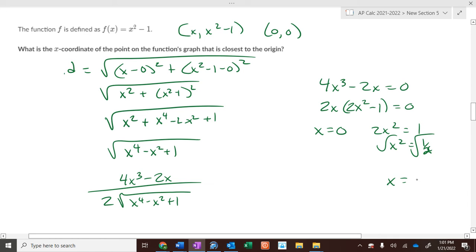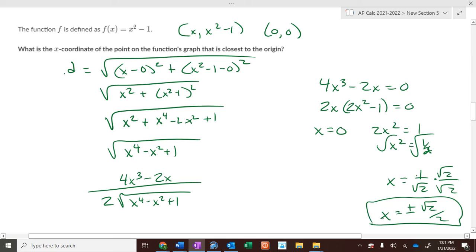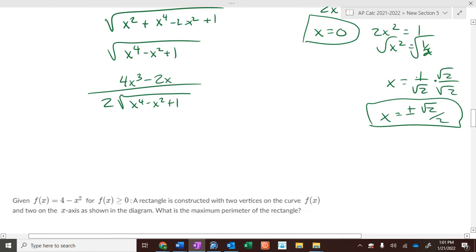The square root of 1/2 is the square root of 1, which is 1 over the square root of 2. Can't leave square root of 2 on the bottom. So x equals plus or minus square root of 2 over 2. Or else 0. So it's 0, negative 1, or square root of 2 over 2.